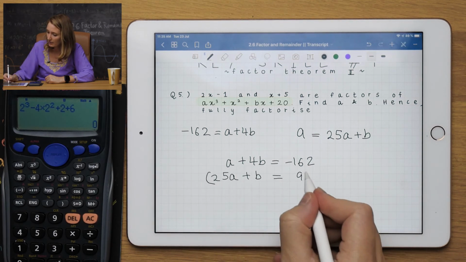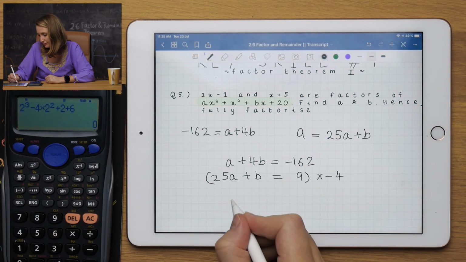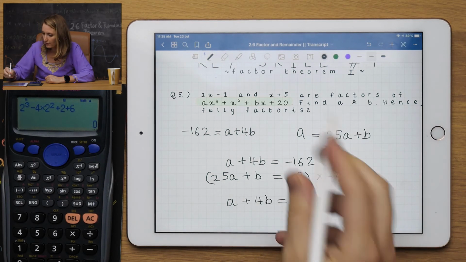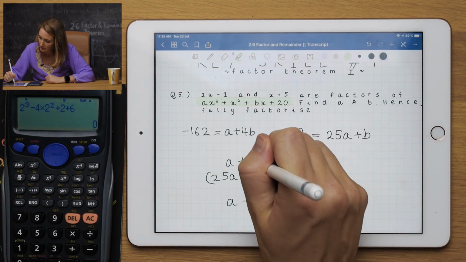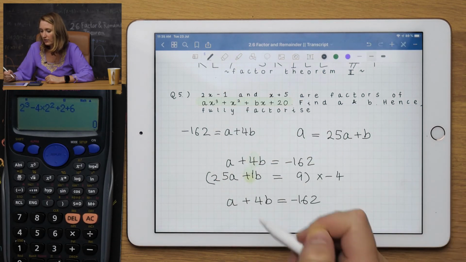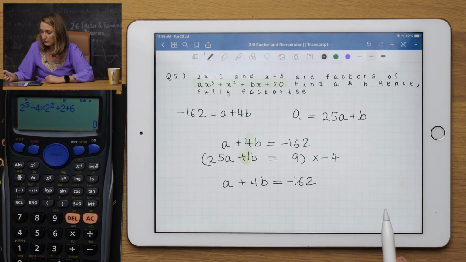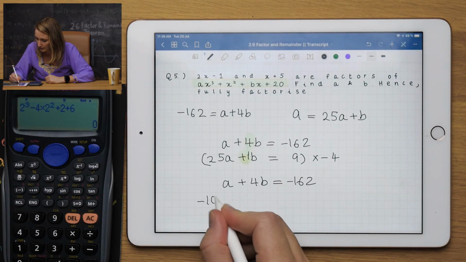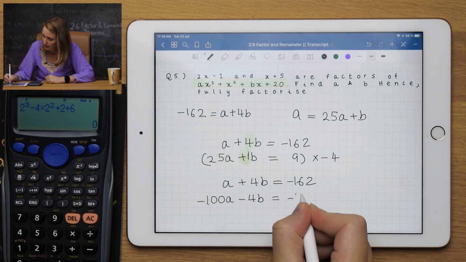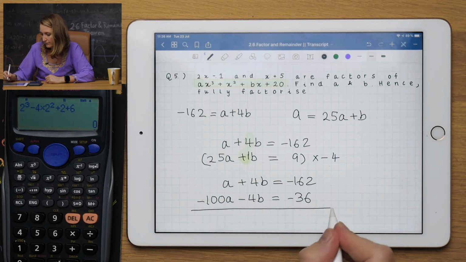Okay, I'm going to multiply this line by minus 4. For my simultaneous equations, I like this number here to be the same, so for example now it's 1, and I like the signs to be opposite. So this would be minus 100a minus 4b, and this would be minus 36.